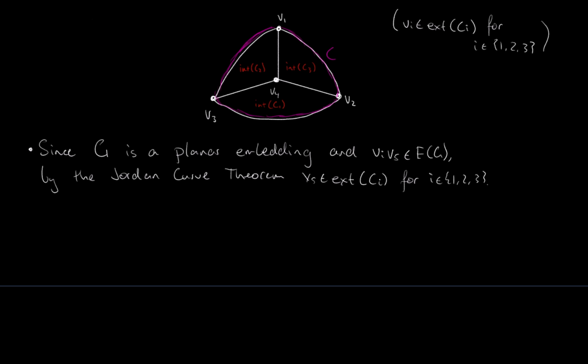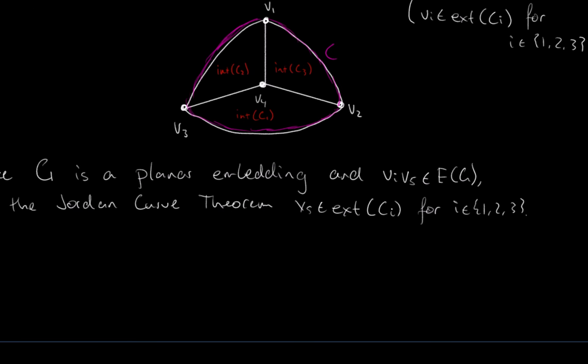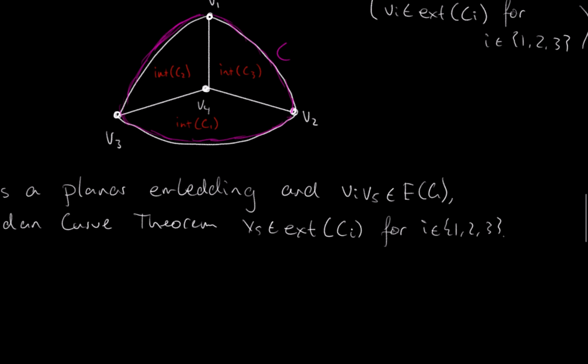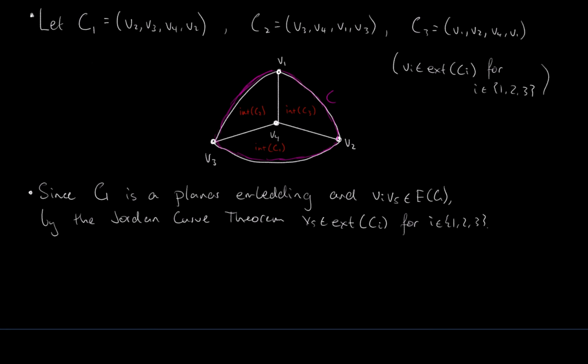So let's think of an example here. Let's have a look at C2, which is that cycle there. Now the edge connecting the vertices V2 and V5, wherever V5 is, maybe here, is in the exterior of this cycle, right?